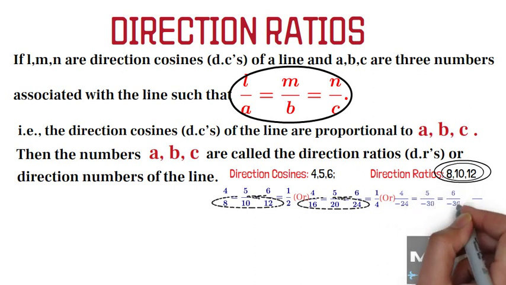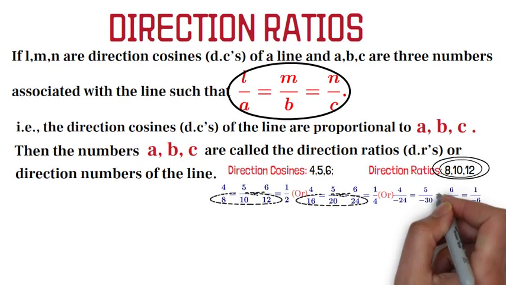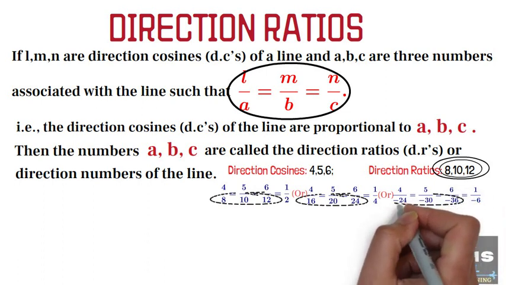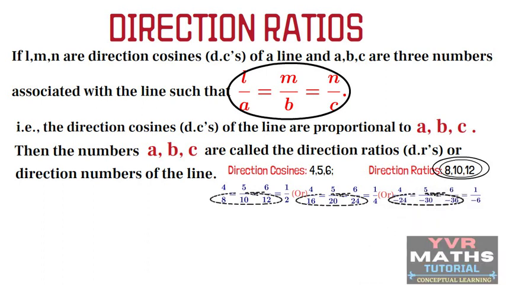Now observe this relation: 4 by minus 24 is equal to 5 by minus 30 is equal to 6 by minus 36 is equal to 1 by minus 6. Here 1 by minus 6 is the proportional constant. If you observe this relation, minus 24, minus 30 and minus 36 are proportional with the direction cosines 4, 5, 6. That means these numbers are also direction ratios of the same line.